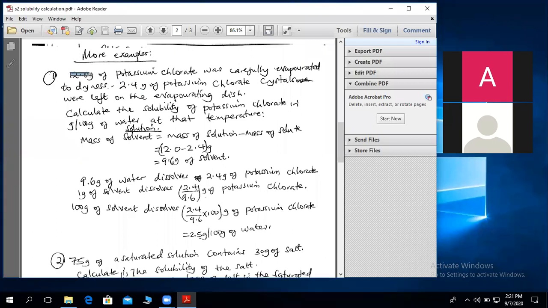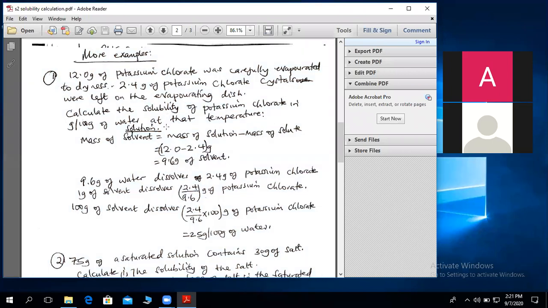12.0 grams. Now this solution contains water, and you subtract the mass of the solute, the substance that was dissolved in the water, and you remain with the mass of the solvent.